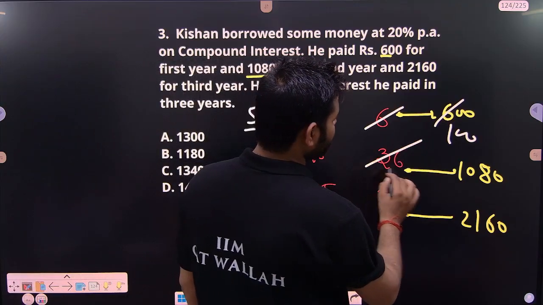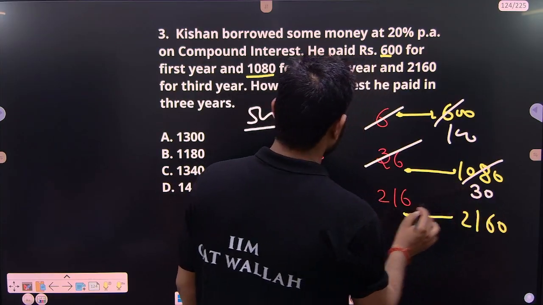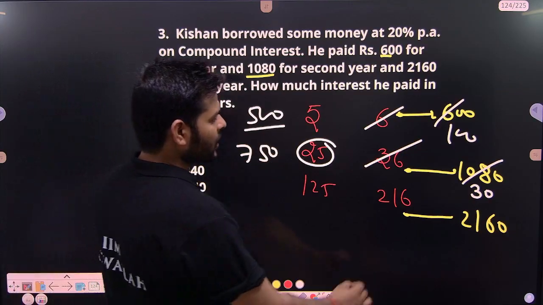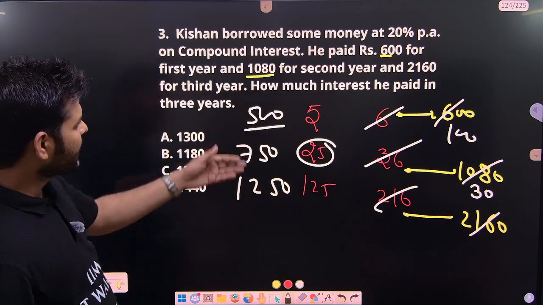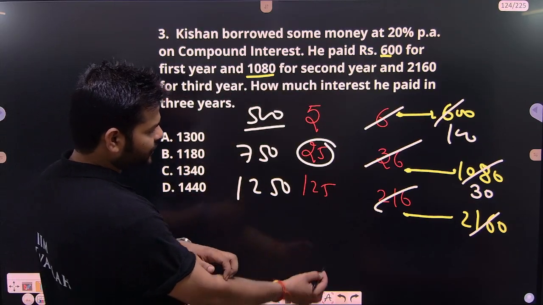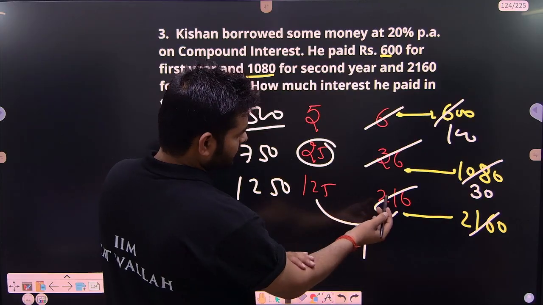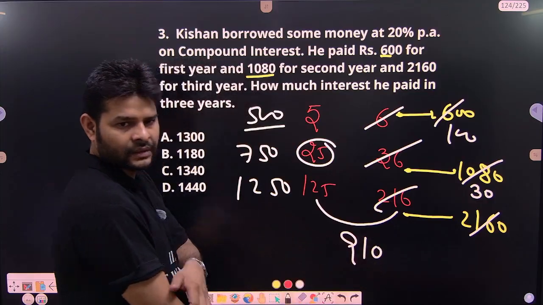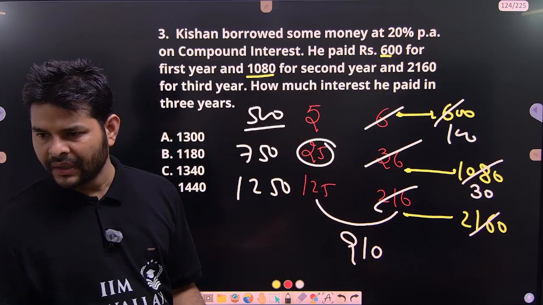For the second year, that value would be 3 times, so that would be 750. We have been asked how much interest he paid in 3 years. Interest means 1 unit value would be 1 and 91. That means 91 units, where 1 unit is 10, so 91 units would be 910.